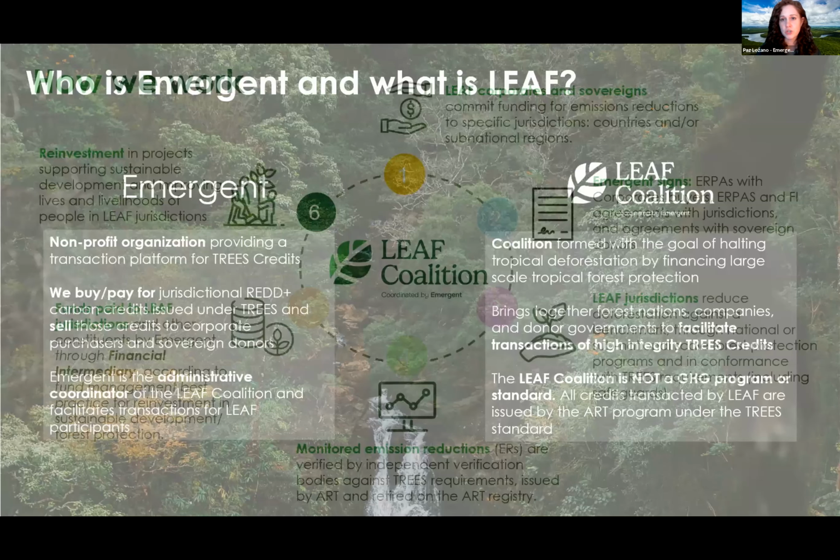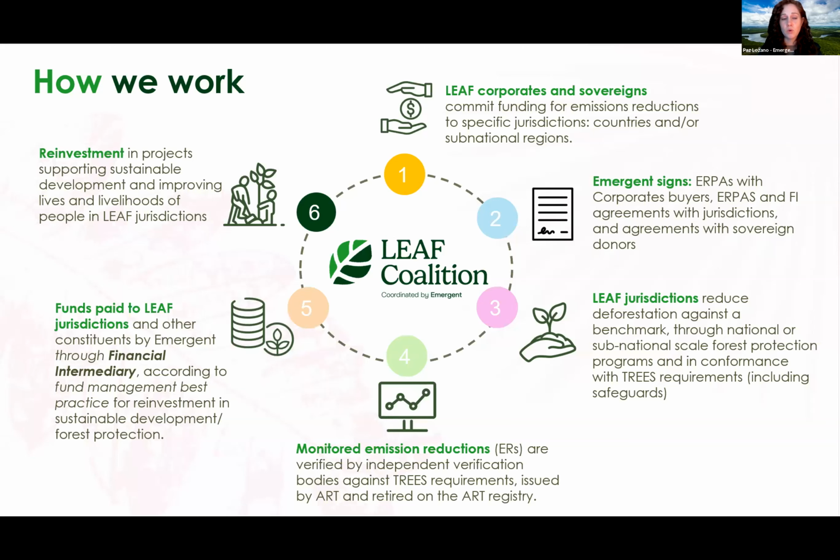A little bit more information for everyone on how Emergent and LEAF work, just really high level to make sure it's clear. We start by aggregating demand for TREES credits. LEAF corporates and sovereigns that are participants in the LEAF Coalition indicate their interest in purchasing TREES credits from different jurisdictions and forest governments that are also participants in LEAF.